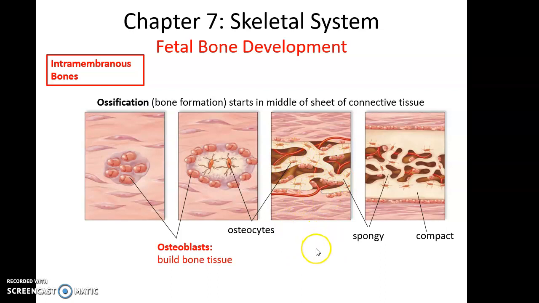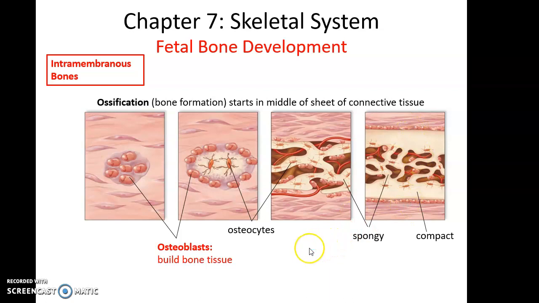Nerves would begin to incorporate. And then eventually, through bone remodeling, we would end up with the shape of flat bones that we would expect, with compact bone tissue toward the surface and sandwiched in between spongy bone tissue, and of course lots of blood vessels and nerves. And then eventually the periosteum would also form on the outside.